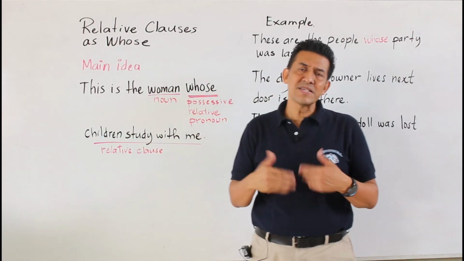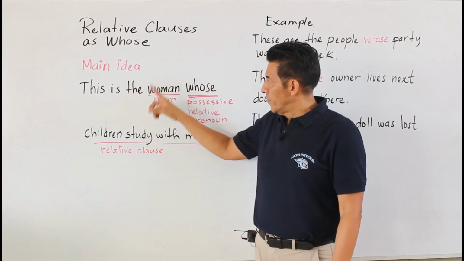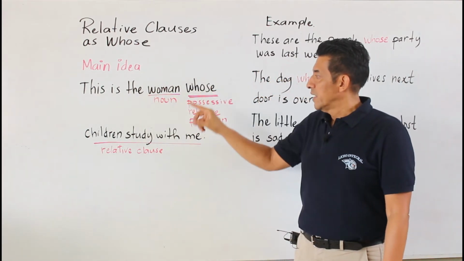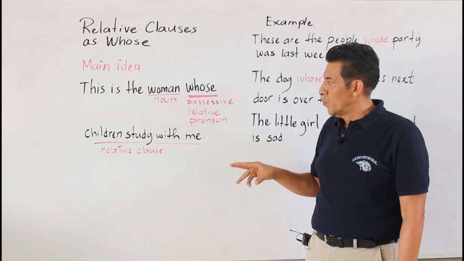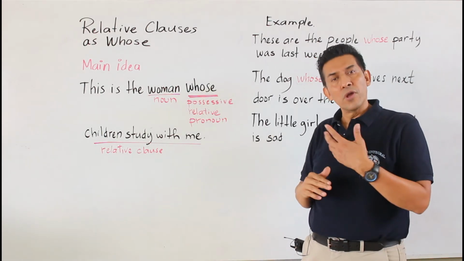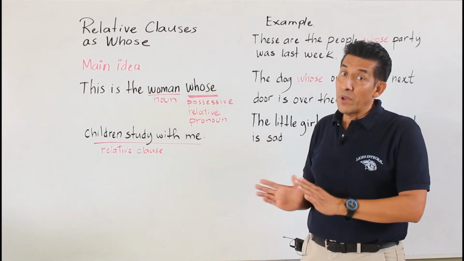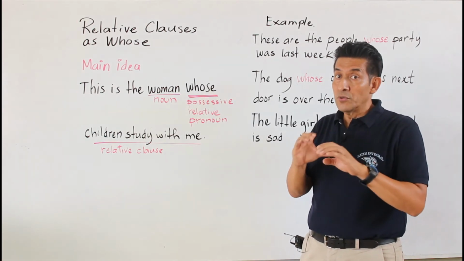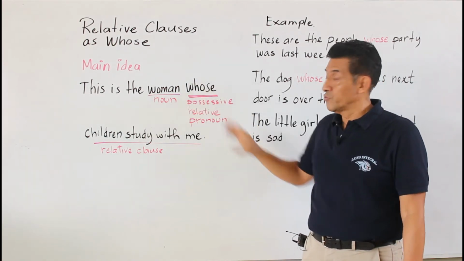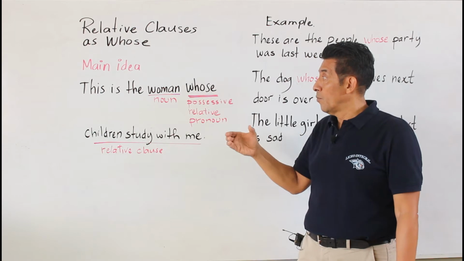I can say this sentence in another way. This is the woman's children who study with me is another way to say this sentence. But when we use whose, we omit who and we use whose as you see in the sentence. This is the woman.